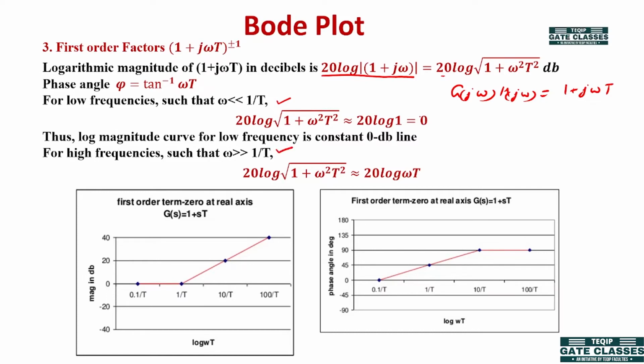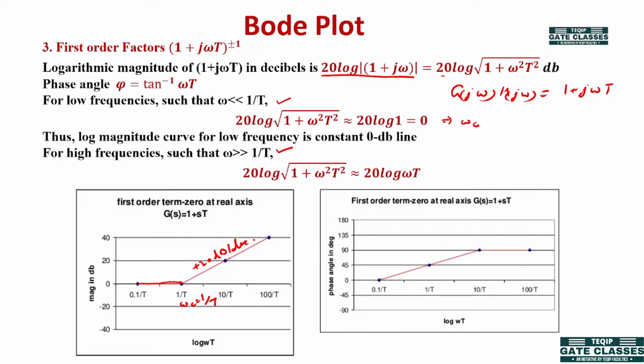Similarly, at low frequencies till omega c we get a slope of 0 dB, and when omega is greater than omega c, which is 1 by t, the magnitude is equivalent to 20 log omega t. So till the cutoff frequency omega c equal to 1 by t we have a 0 dB slope, and then a slope of plus 20 dB per decade.